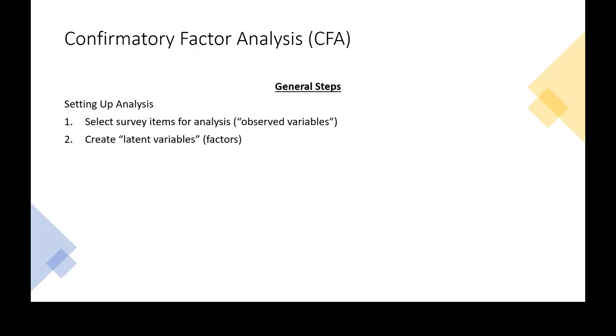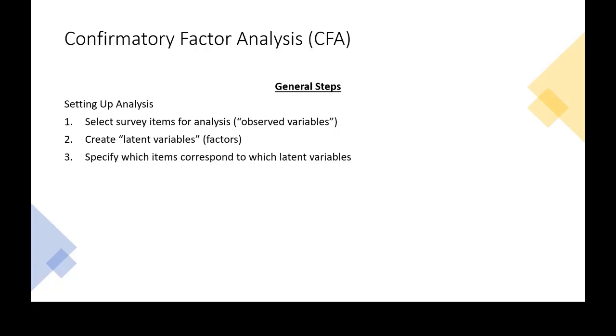Then you tell the software program to create what are called latent variables. These are the constructs that you think certain items represent. So you have your survey items, which are your actual responses, and then you're basically telling the software program, these are the theoretical variables that I want you to map some of these items onto, also known as factors.